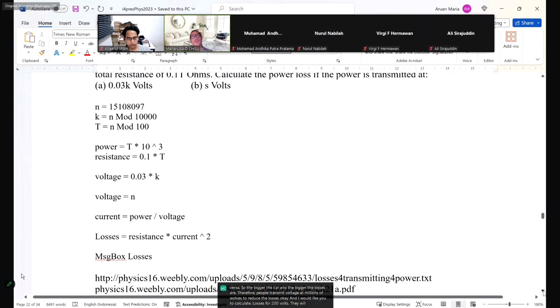They will be huge. And losses for 20 million volts will be very small compared to the losses for 200 volts, okay? Because of the Ohm's law and because the bigger the voltage, the smaller the current. And the bigger the current, the bigger the losses are, okay?